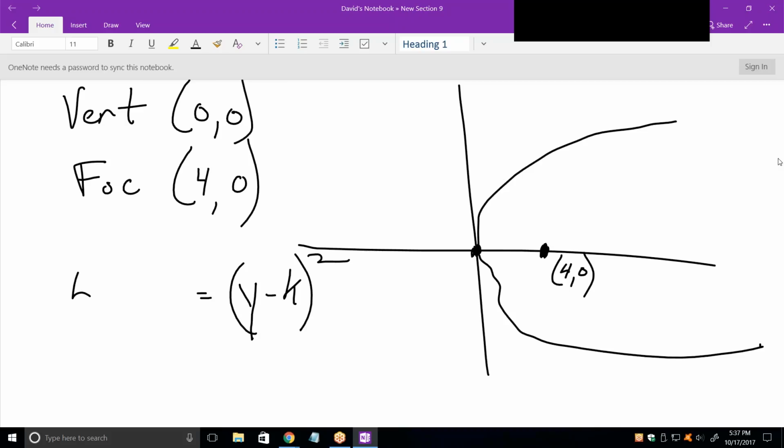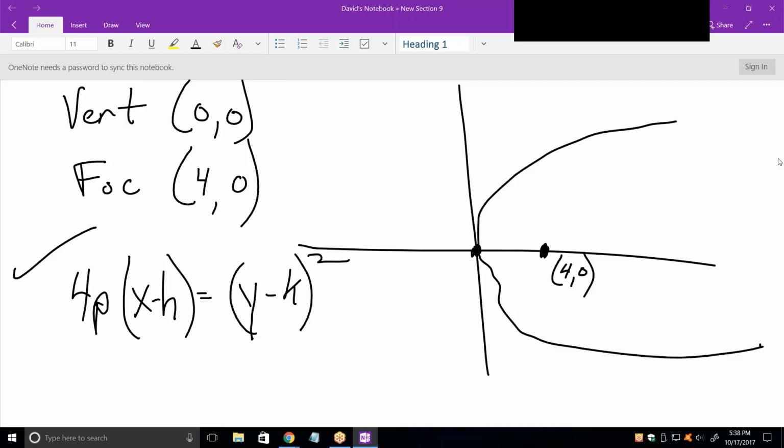And then the 4p always goes in front of the variable that is not being squared. And the h always goes with that. So there is our general standard formula for this horizontal parabola. Okay, so 4p. Let me write that down. Always 4p, regardless of whether our focus is at 4, comma 0 or not.